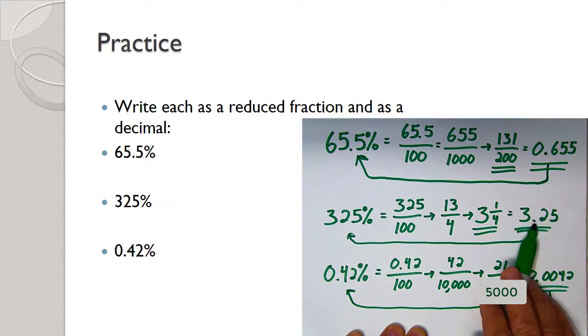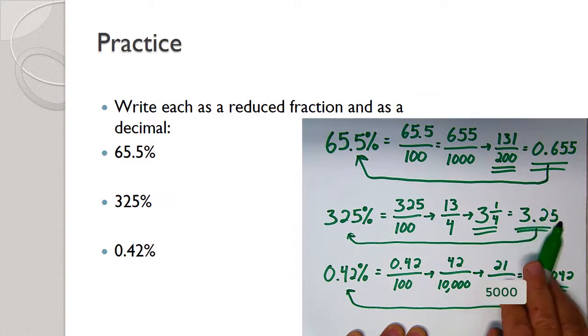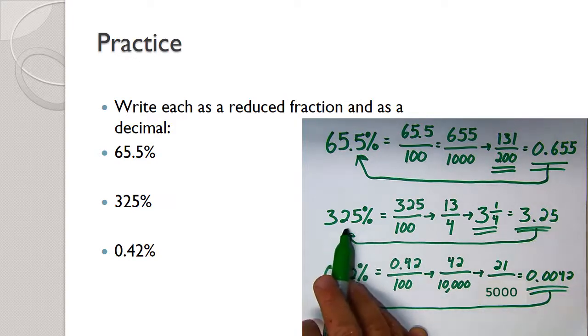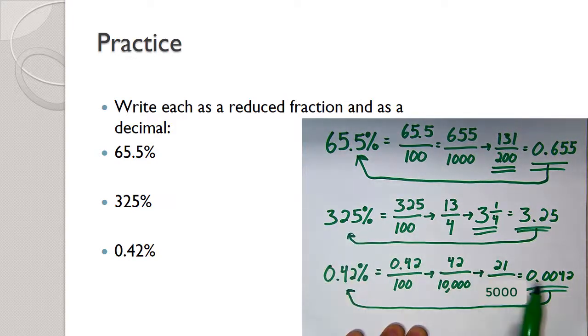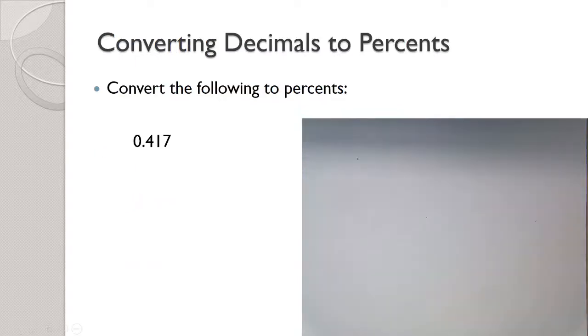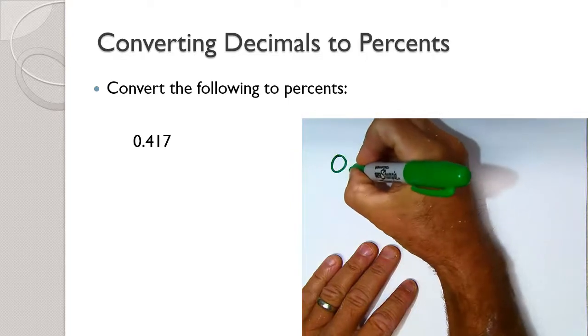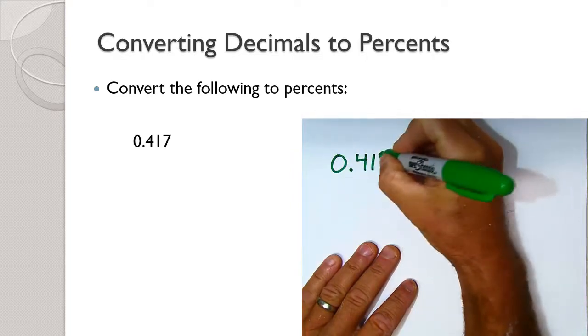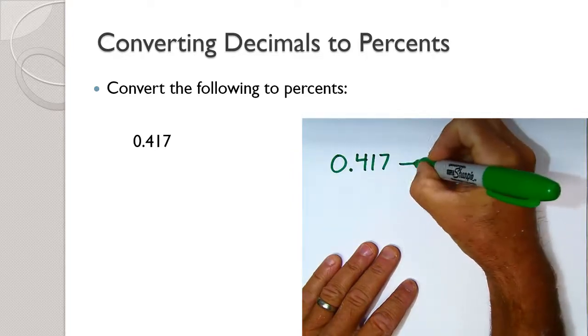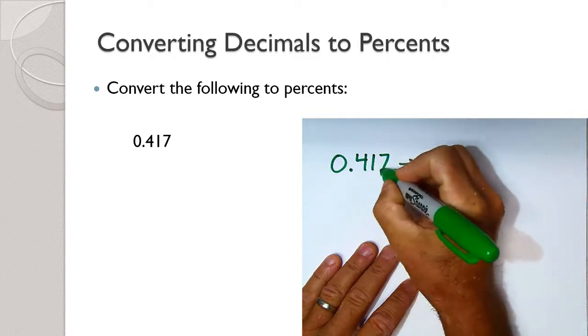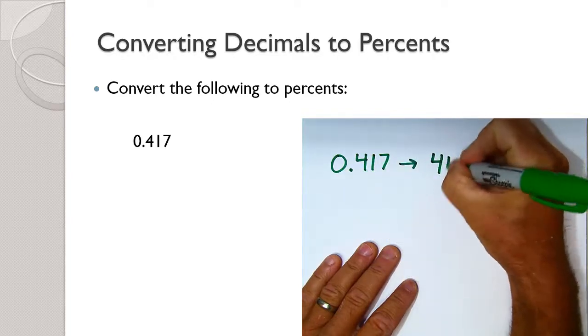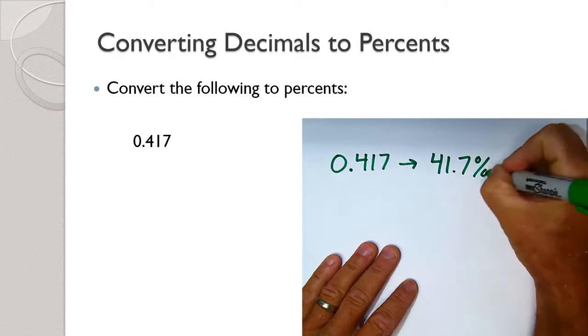So 3.25, if we want that to become a percent, 2 places towards the percent sign becomes 325%. 0.0042, we want that to become a percent. 2 places towards the percent sign becomes 0.42%. So then we can generalize that and say that if we have a decimal like 0.417 and we want that to become a percent, we'll move the decimal towards the percent sign and that becomes 41.7%.